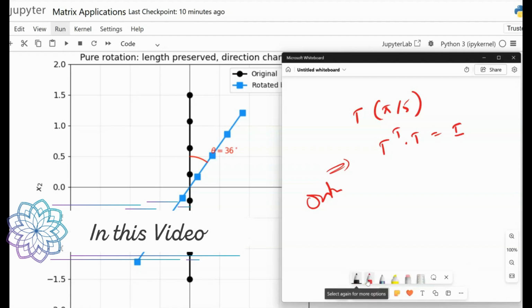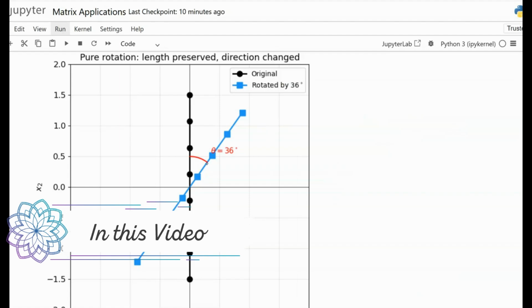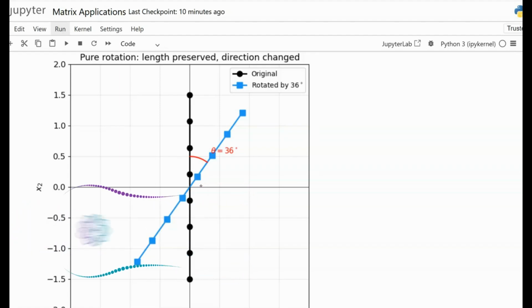And when specifying the determinant of T equal to 1, this specifies a rotation, not a reflection. And here kindly observe the vertical line of points is rotated 36 degrees clockwise without any stretching. Every point maintains its distance from the exact origin.